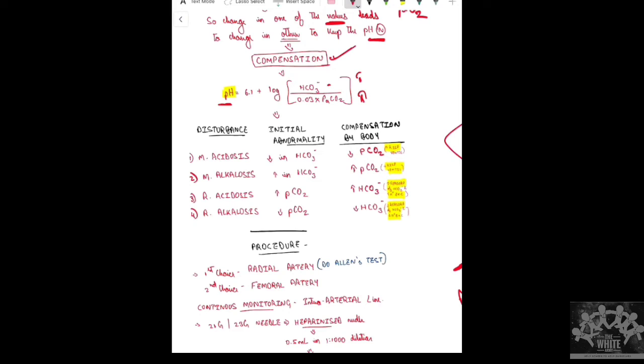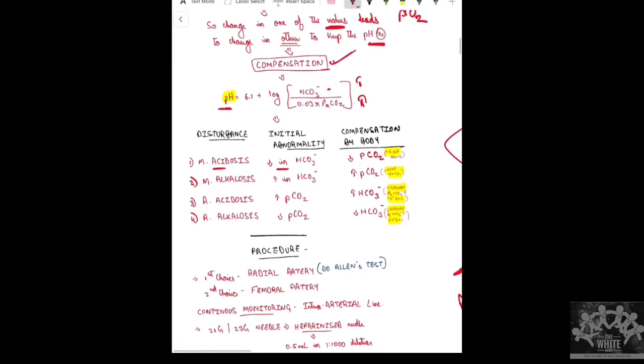First we'll take metabolic acidosis. What happens in the body? There will be a decrease in HCO3 minus levels, and the body compensates by decreasing PCO2 so that the pH becomes normal. How does PCO2 decrease? By increasing respiratory ventilation.